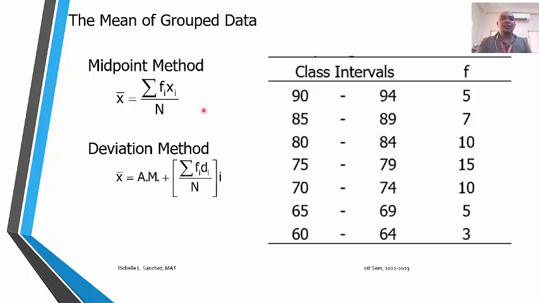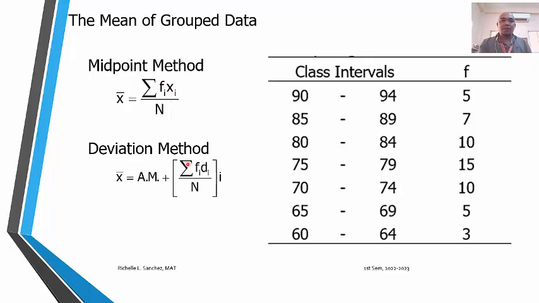Okay, another is the mean of grouped data. There are two formulas that we can use in solving for the mean of our grouped data. Using the midpoint method, this is our formula. Mean is equal to the summation of f times x divided by n.